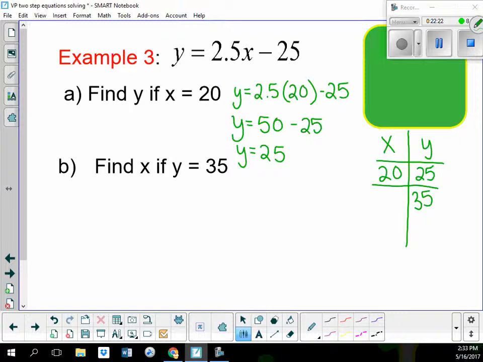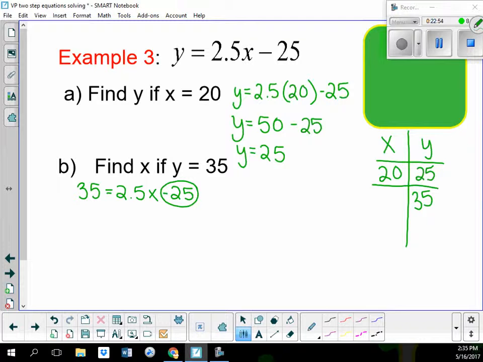So for our second one, we have y, which we've said is 35, is equal to 2.5x minus 25. So our problem here is that 35 is equal to some number that we don't know yet minus 25. So I'm going to take this value here.